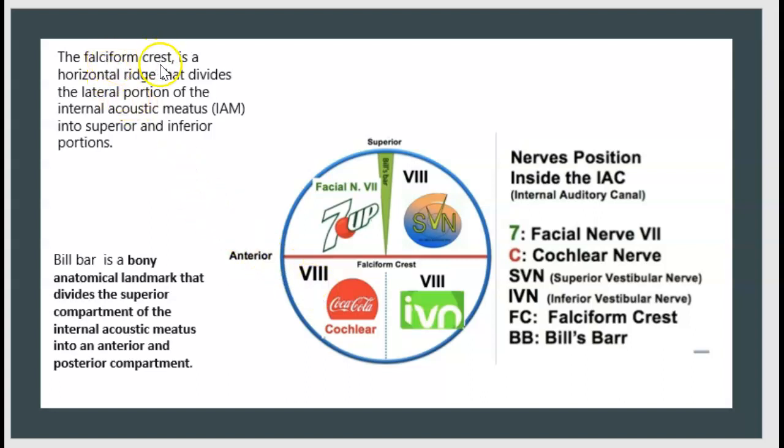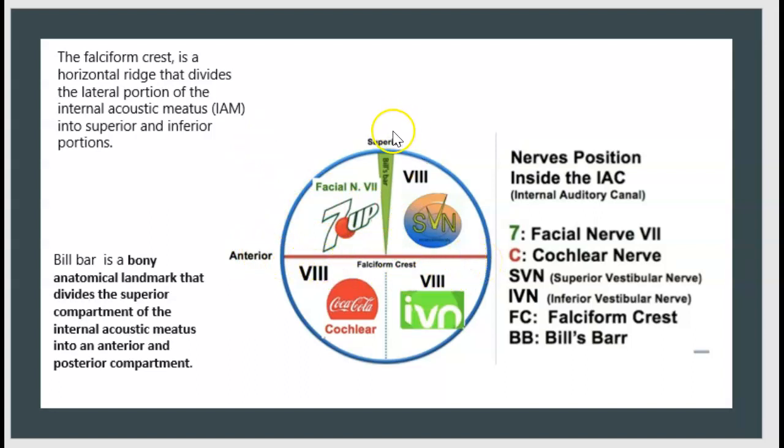The falciform crest is a horizontal ridge that divides the lateral portion of the internal acoustic meatus into superior and inferior portions.